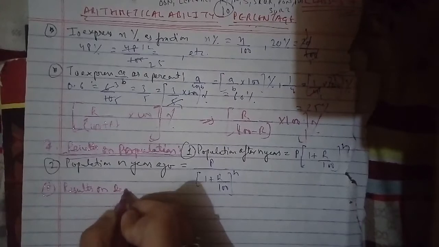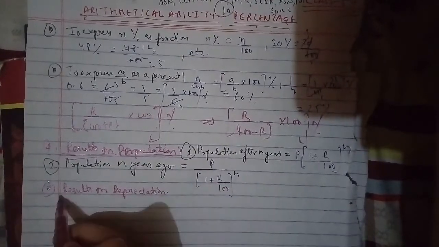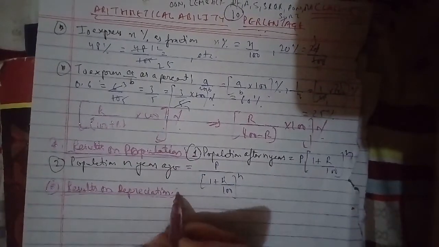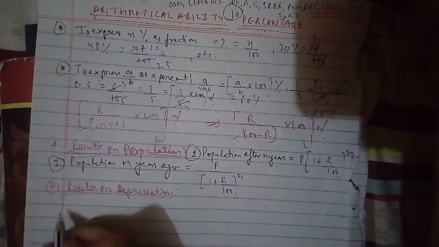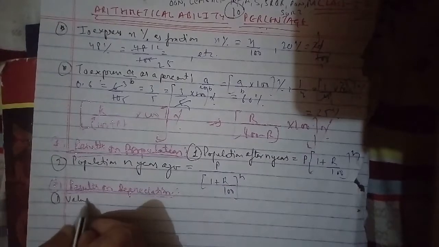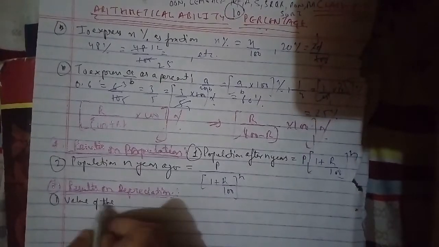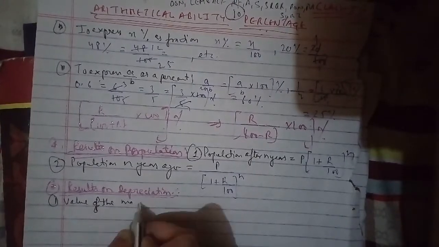Then the value of the machine after n years equals P(1 - R/100)^n.